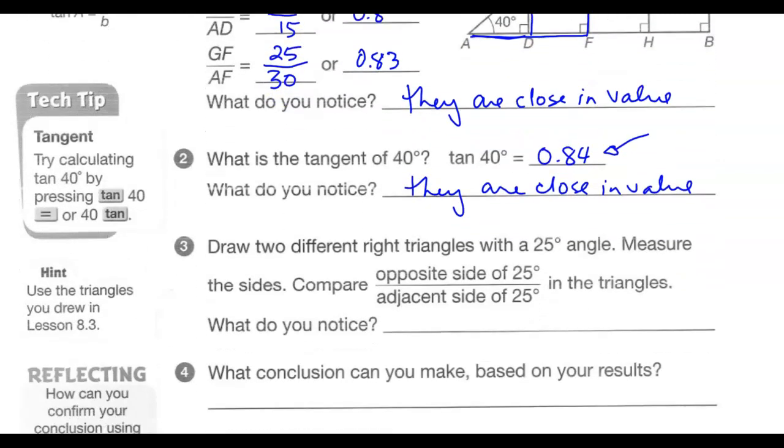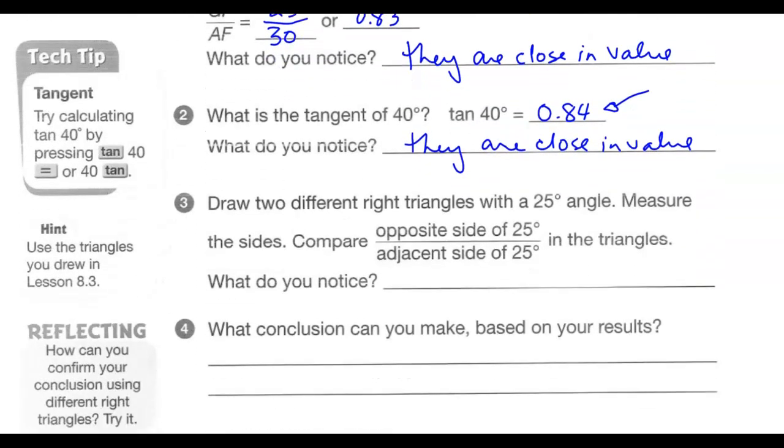Next part, we're not going to draw the triangles, what they're wanting is to find the relationship. So again, with an angle of 25, you're finding this measurement over this one, opposite over adjacent.